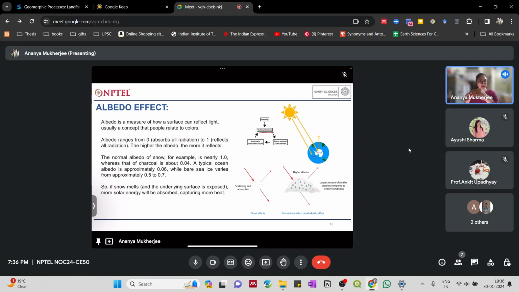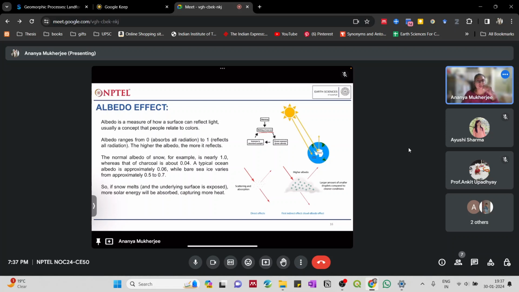If that amount increases, we'll have more heat, and that is what leads to the warming of the atmosphere and the Earth's surface. So albedo gives us an understanding of how much snow or ice cover we are losing, and what the effect of that is going to be.